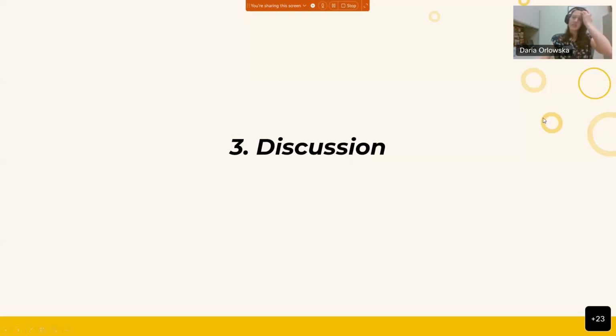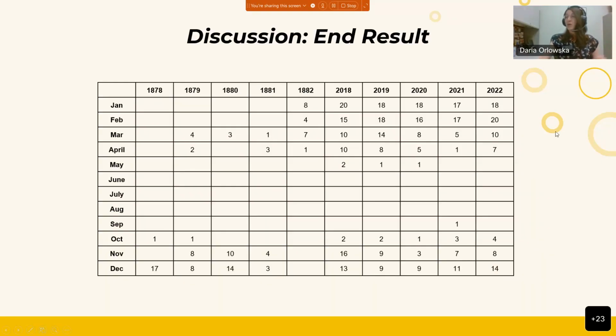Okay, discussion. If we had gone ahead and done all of the analysis for the contemporary years, we might end up with a chart that looks something like this, where you have the months on the left-hand side and the years, and the sum of the snow days for the past and contemporary.